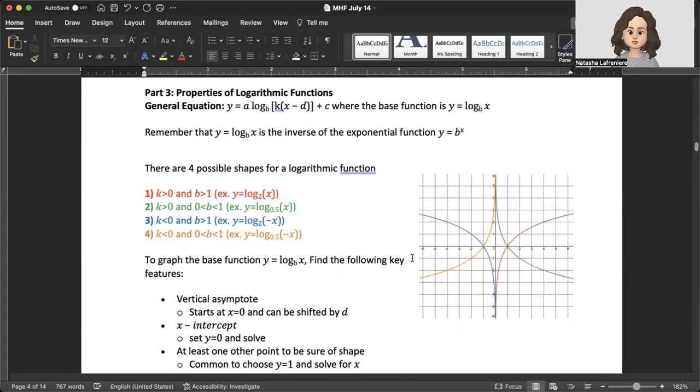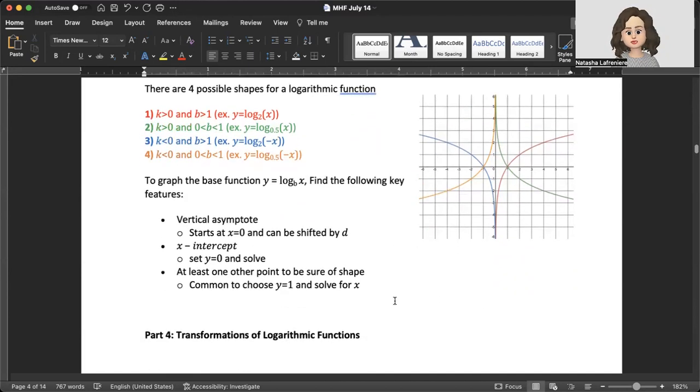When your k is larger than 0 and b is larger than 1, that's your red line there. When your k is above 0 and b is between 0 and 1, that would be your green. So it's the same thing, it's just going in the opposite direction. When k is smaller than 0 and b is larger than 1, that's your blue one, it'll be on the opposite side, and then same with the yellow one.